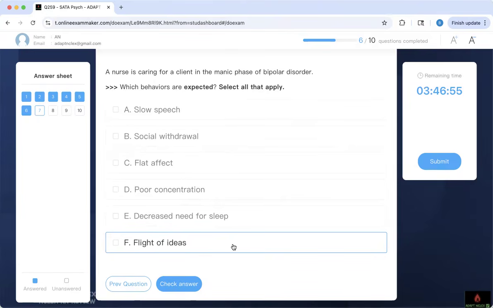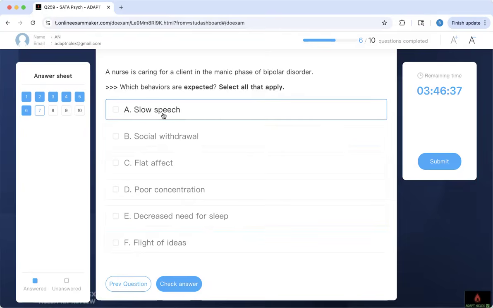If it's manic, what do you see? Slow speech, social withdrawal, flat affect, poor concentration, decreased need for sleep, flight of ideas. Connect them. Manic is supposed to go up. Therefore, your speech is not going to be slow.